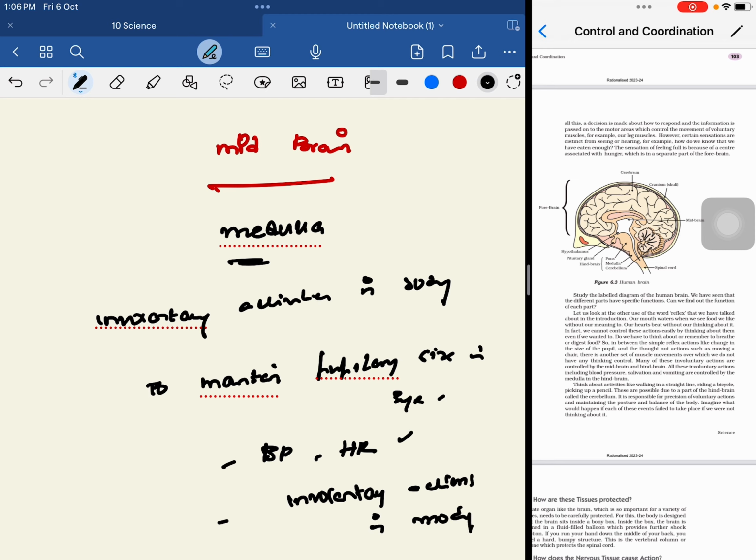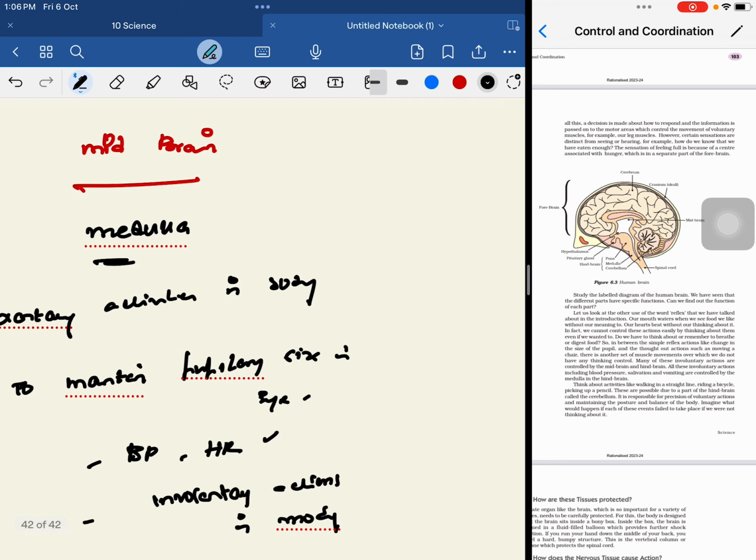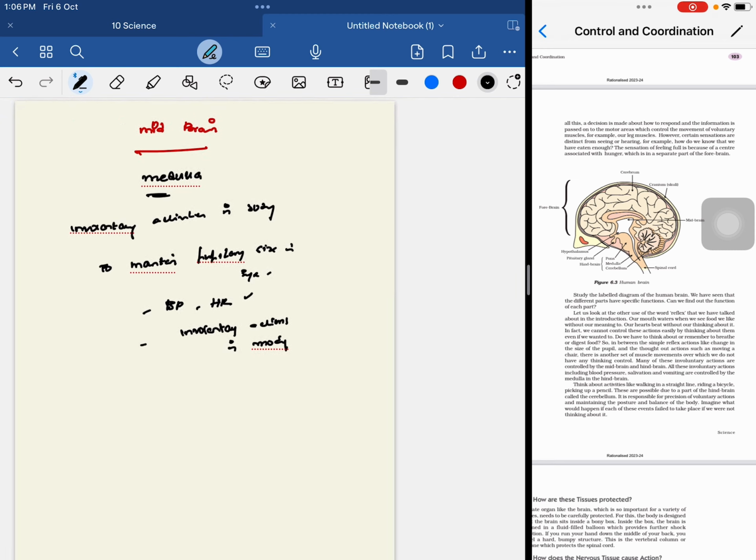These are examples of the parts and areas of the brain.